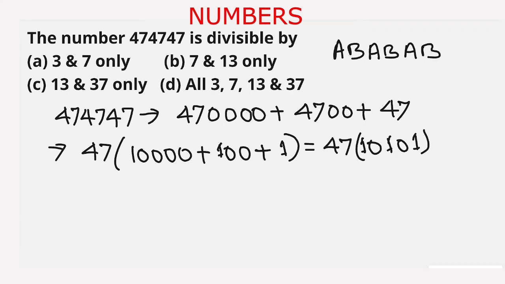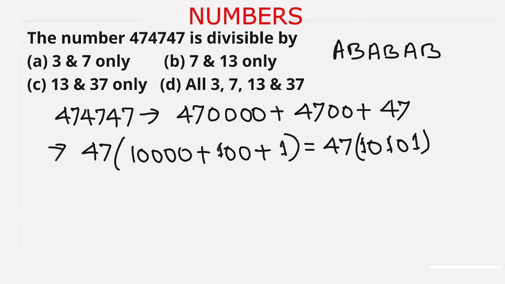Again we subtract 28 from 31, we get 3 and we carry 0. Then the number is 30. 7 times 4 is 28. 28 when subtracted from 30 gives 2. We carry 1, so it becomes 21. And 7 times 3 is 21, so it is divisible by 7.